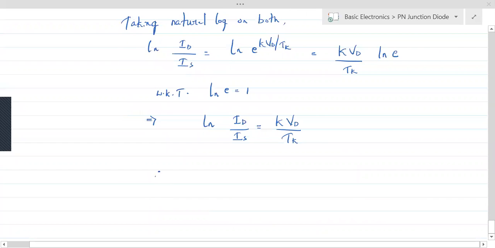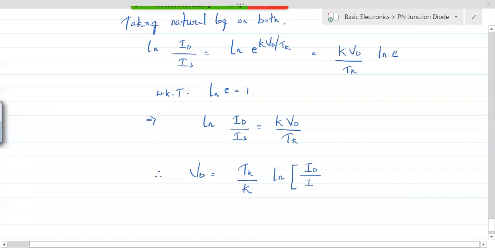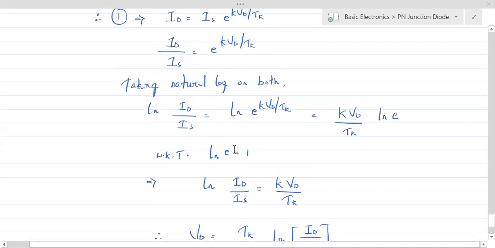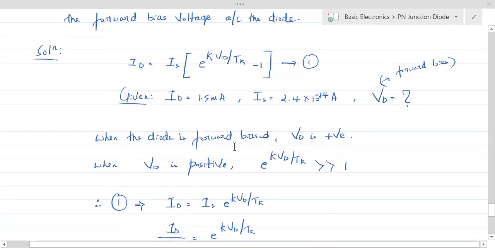So therefore we need Vd, right? Vd is given by Tk divided by k, into natural log of ID by Is. So this is how we need to rearrange the things. So what is k here? k is 11,600 by eta, because eta is given to be 1 here.